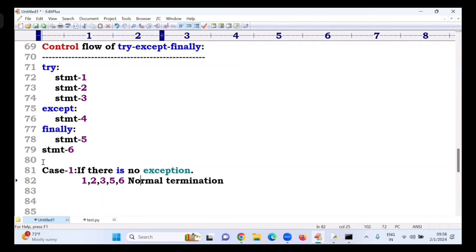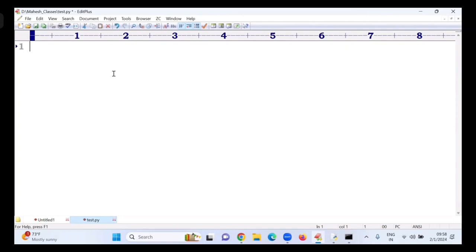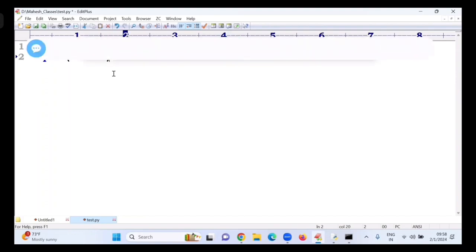Finally is executed, remaining program also executed.